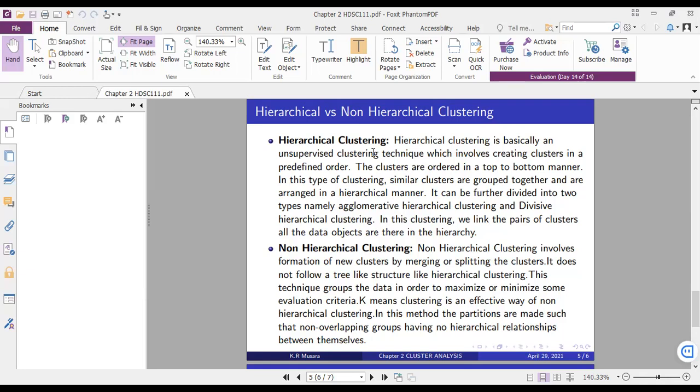In this type of clustering, similar clusters are grouped together and arranged in a hierarchical manner. It can be further divided into 2, as we've discussed above. Non-hierarchical clustering involves formation of new clusters by merging or splitting the clusters. So you can look at this and ask yourself what differences you can pick out.